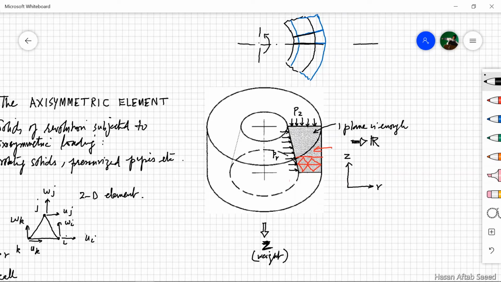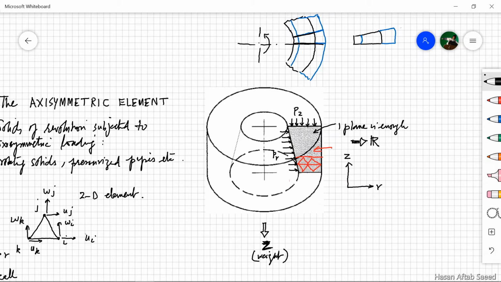So what happens finally is this. If we take these two planes as an example, after deformation they become this, the blue in the final configuration and black being the initial configuration.